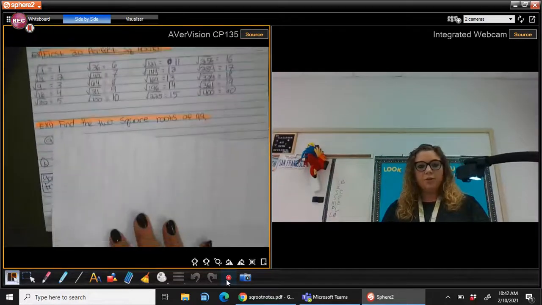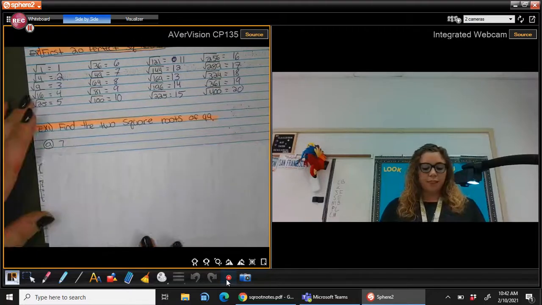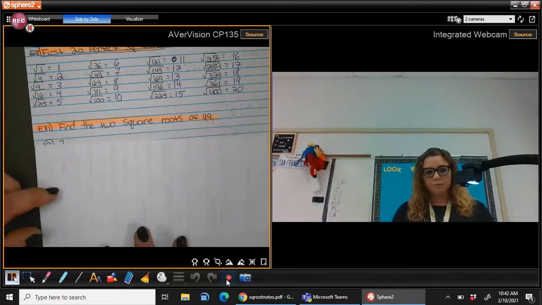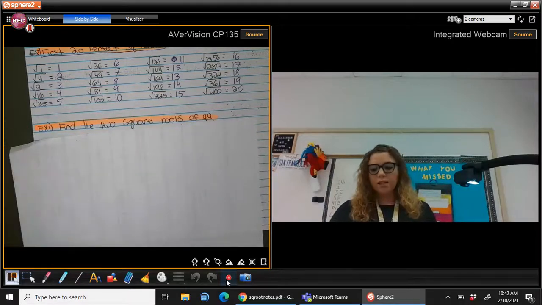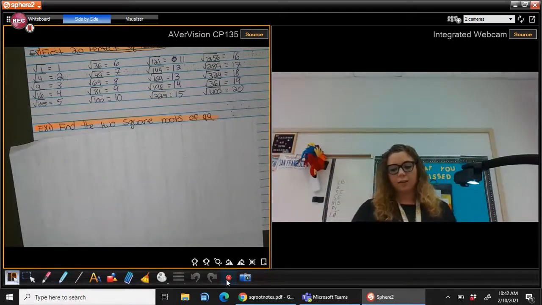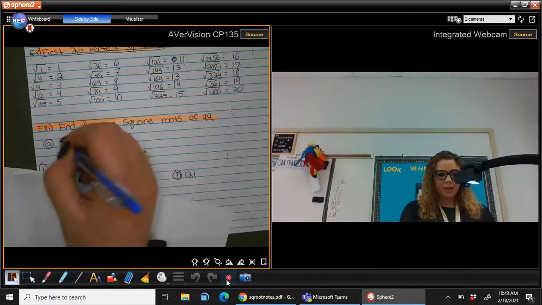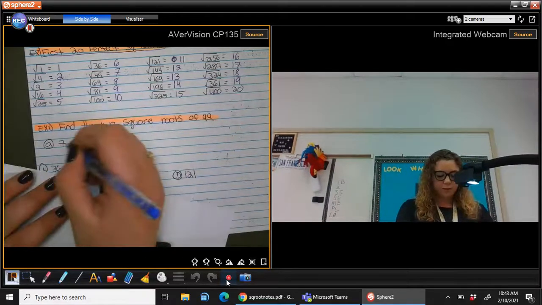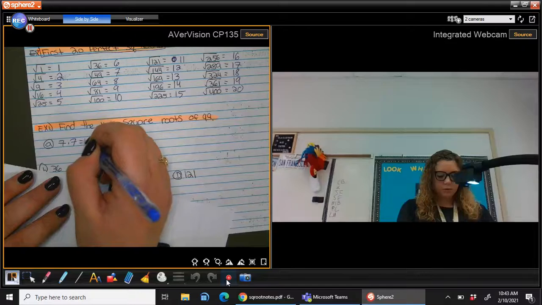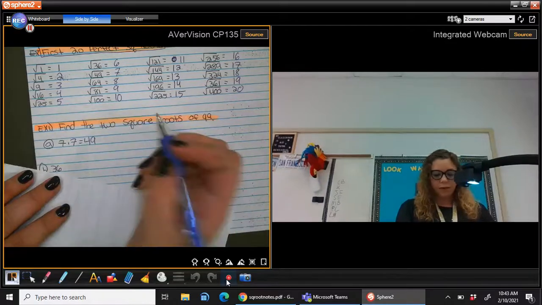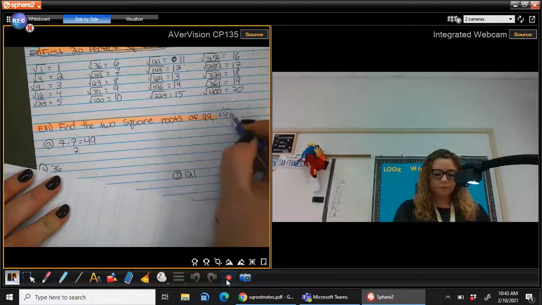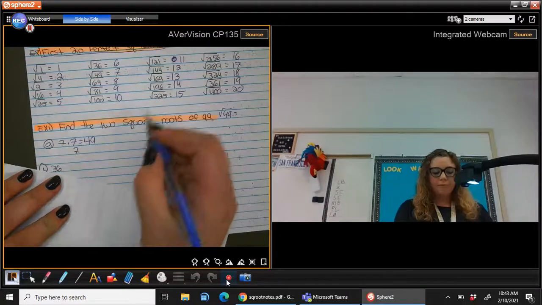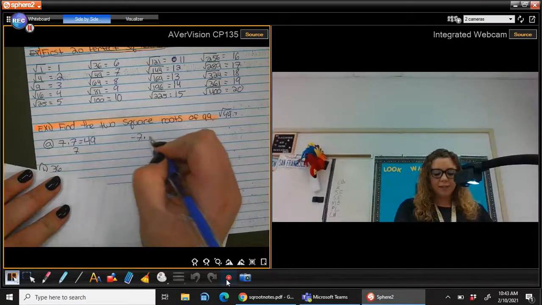Find the 2 square roots of 49. What times what will give you 49? 7 times 7 will give you 49. So 7 is a square root of 49. But what happens if I do negative 7 times negative 7?